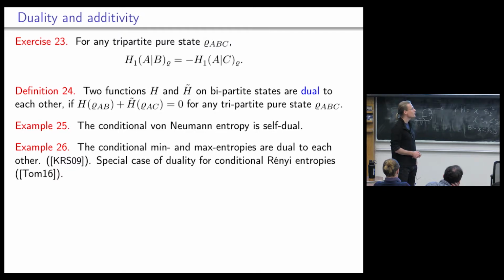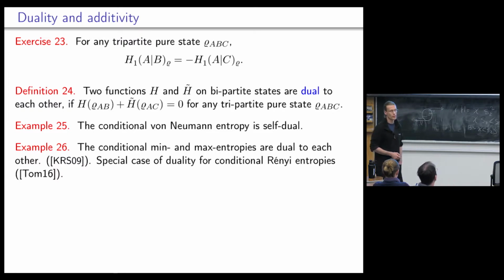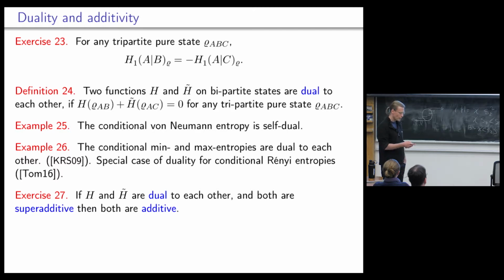Another important example is that these conditional min and max entropies that we have considered before, they are dual to each other. Okay, so there is a very special relation between them. And this is, in fact, a special case of more general duality relations for conditional Rényi entropies, which I'm going to talk about in detail later. Okay. So why is it good if we have this duality?